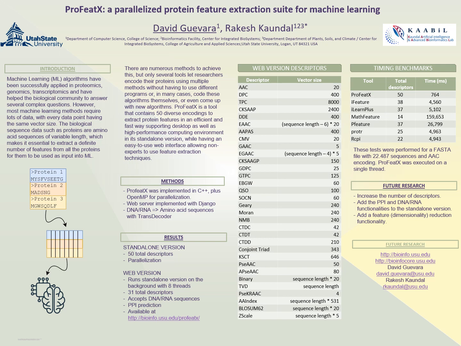In addition, we ran some tests against other suites, and as you can see here to the right, ProFeatX is the one with the highest number of descriptors with 50, while the second has 38, and also is the fastest one by more than 6 times compared to the second fastest one.